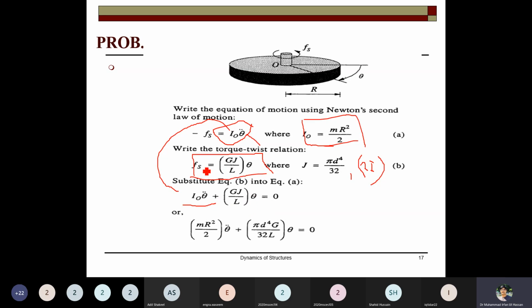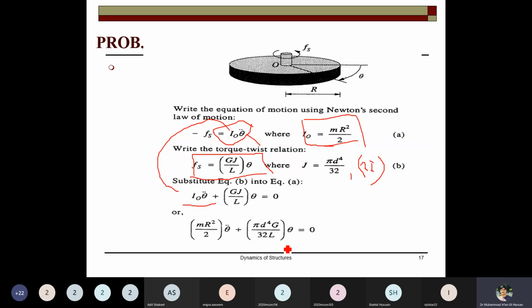With the acceleration you will not use mass, you will use the mass moment of inertia. When there is a rotation, what changes? You will not use m into a, but you will use the mass moment of inertia into the angular acceleration due to the rotation. The sum of that will give you the equation of motion.